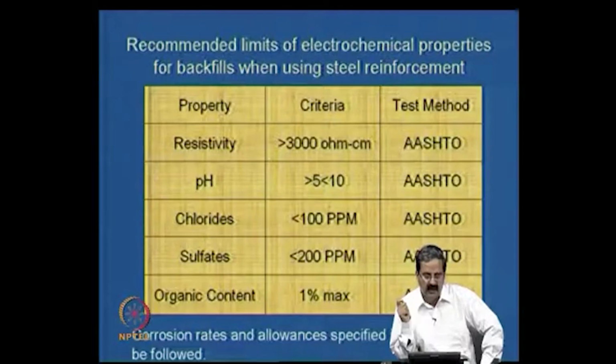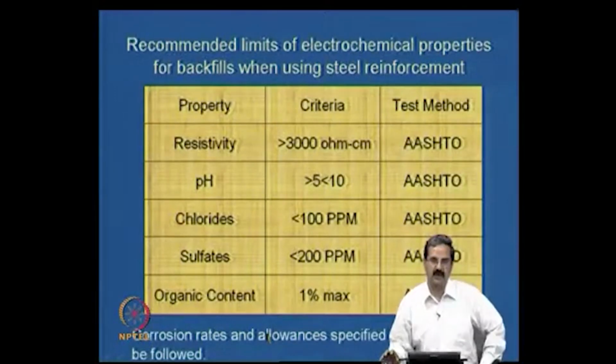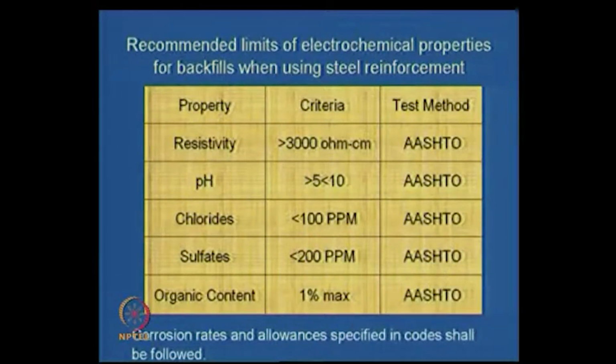And in some cases, people also provide coatings for the reinforcement, and the other way is that people also provide corrosion allowances. You should know the rates of corrosion in a particular environment. For example, if the pH is this much, what is the corrosion rate?